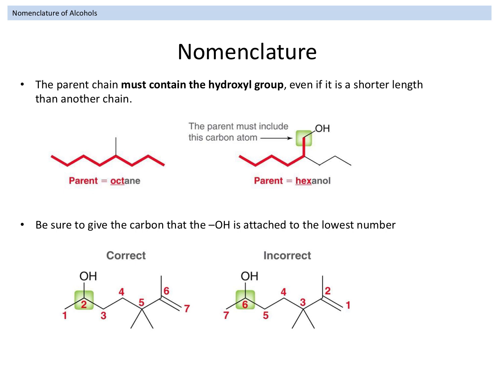Additionally, when numbering the carbon chain, it is essential to assign the lowest possible number to the carbon atom bonded to the hydroxyl group. This prioritization ensures accurate and systematic naming. For instance, if the hydroxyl group is closer to one end of the chain, numbering should start from that end to give the hydroxyl-bearing carbon the lowest possible number.